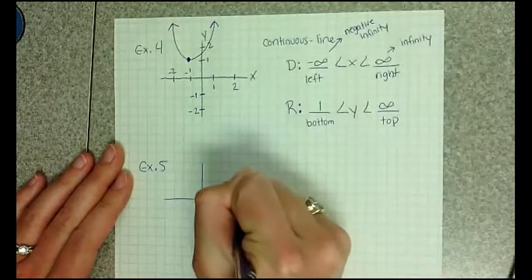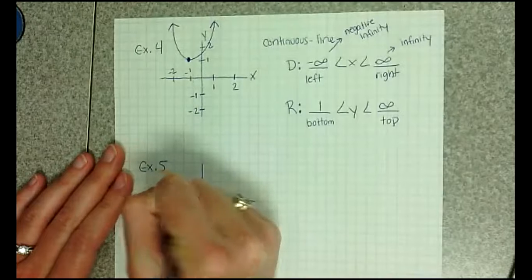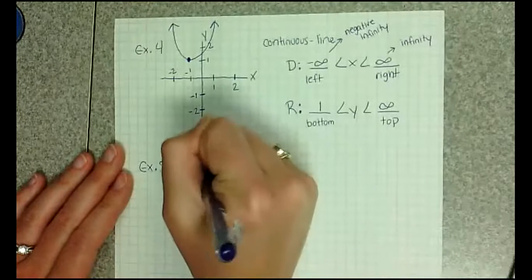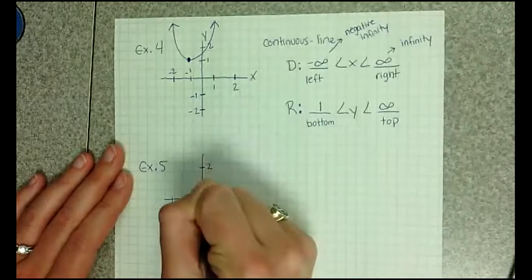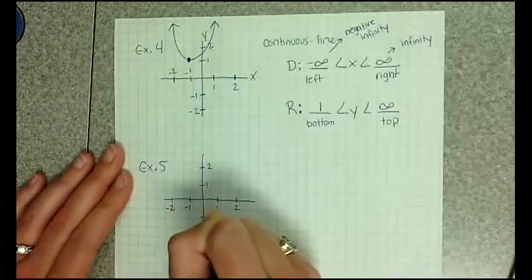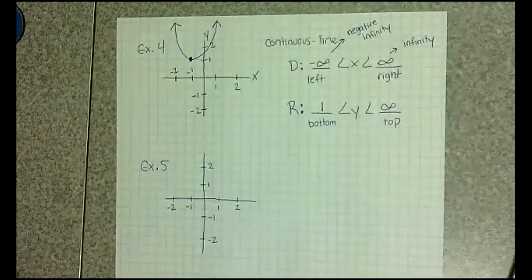Here's 1, here's 2, -1, -2, 1, 2, -1, -2. Give me a thumbs up when you've got all this written down for me. Awesome.